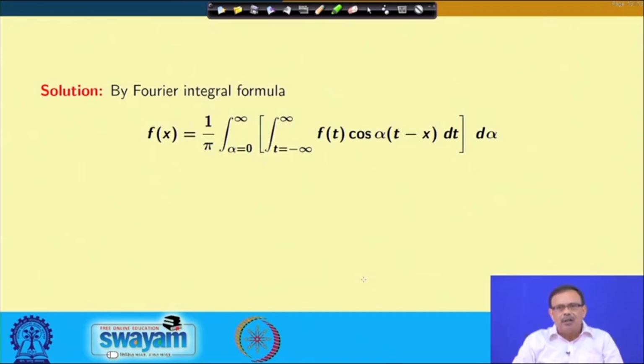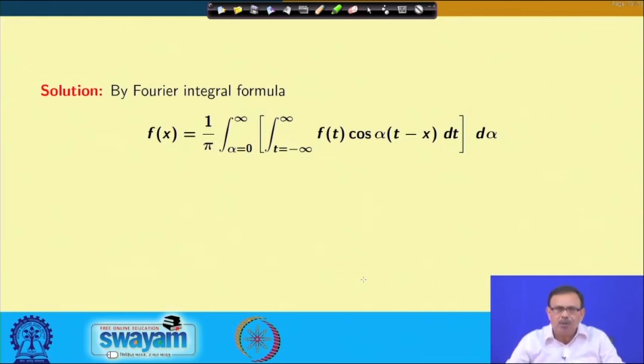Again, please recall that we discussed this at the beginning when we started the Fourier transform. Then we made the Fourier integral representation, and we showed how, using this representation, I can find the Fourier transform, Fourier cosine transform or Fourier sine transform.